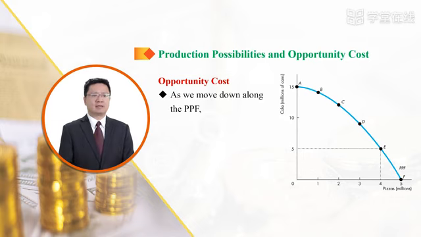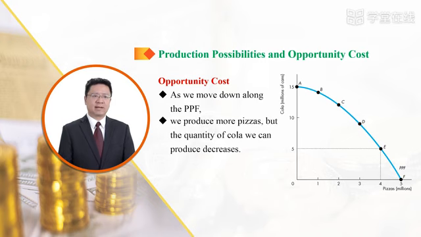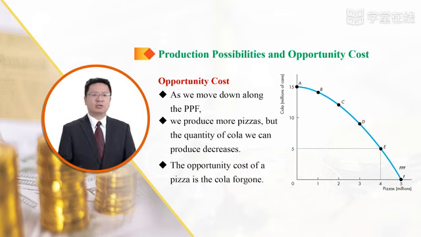As we move down along the PPF, we produce more pizzas, but the quantity of cola we can produce decreases. The opportunity cost of a pizza is the cola foregone. The opportunity cost of an action is the highest valued alternative foregone. The PPF makes this idea precise and enables us to calculate opportunity cost.